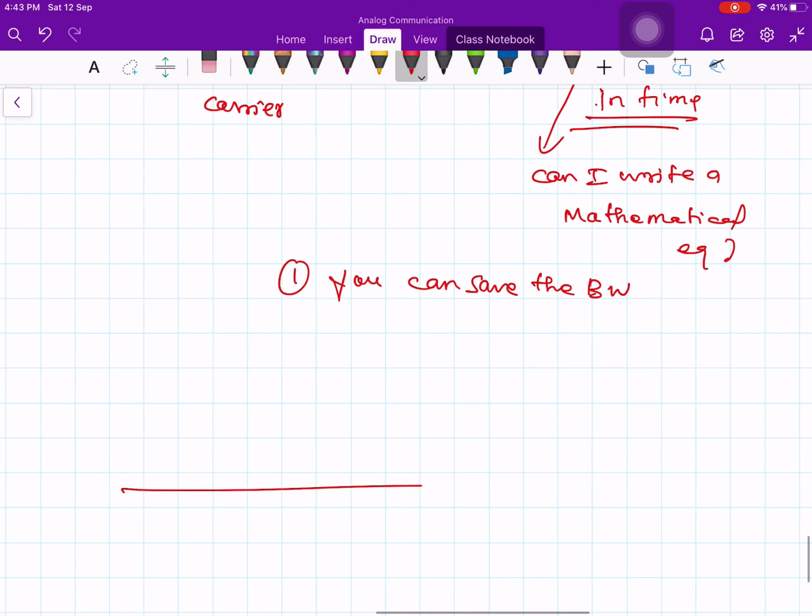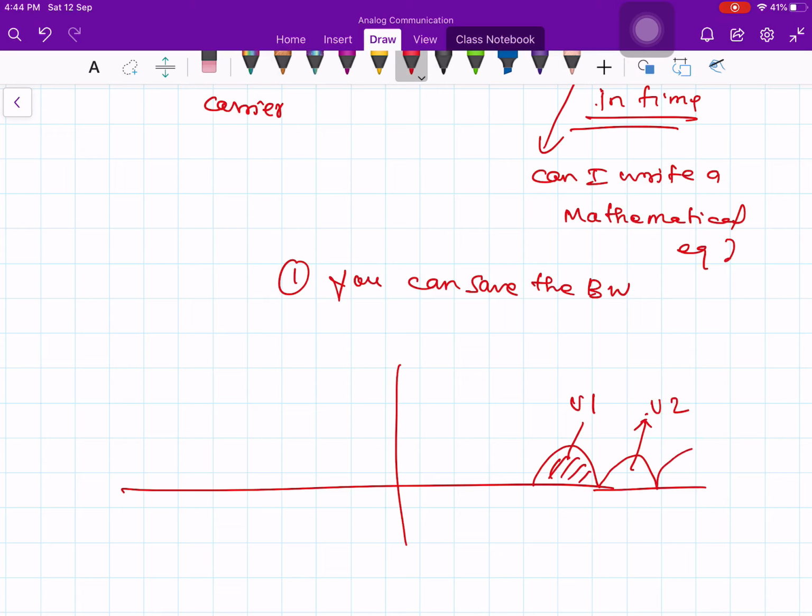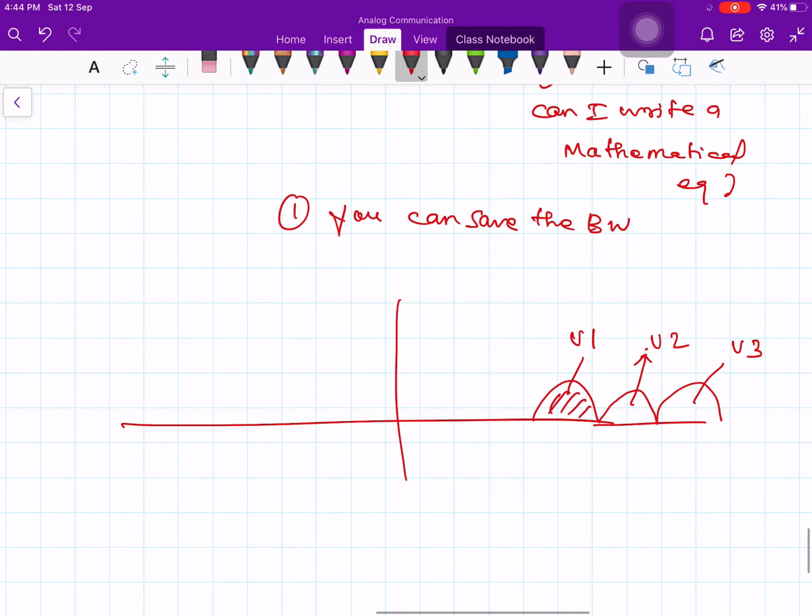See, in the frequency axis, let's say this band is allotted for user 1, U1, and this portion is empty, so you can allot it for user 2, and again this portion is empty, you can allot it for user 3, and so on and so forth. So I can put another message in this bandwidth, another message in this bandwidth. When I discuss frequency division multiplexing, this is precisely what we can do. So this is called frequency division multiplexing. There are advantages that you derive from SSB.